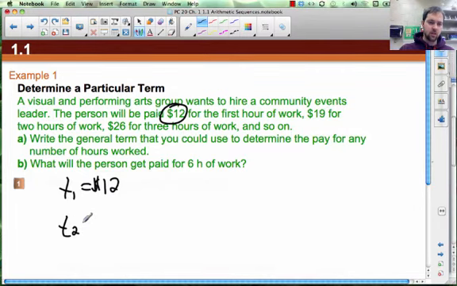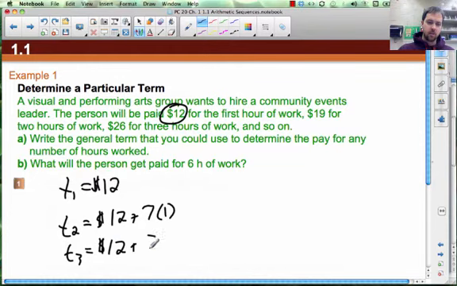So T2 equals 12 plus 7. T3 equals 12 plus 7 times 2. Because again, you're going from 12 to 19, which is 7 once, and then we're going from 19 to 26, which is 7 twice. Okay?